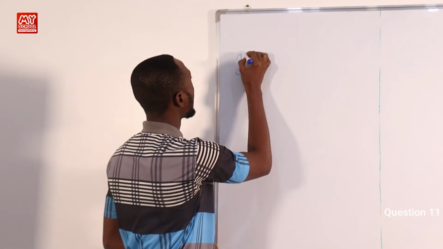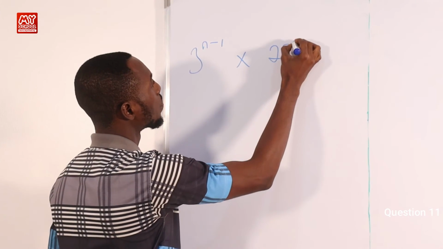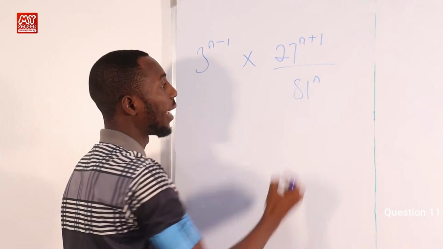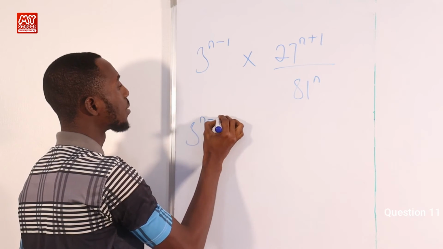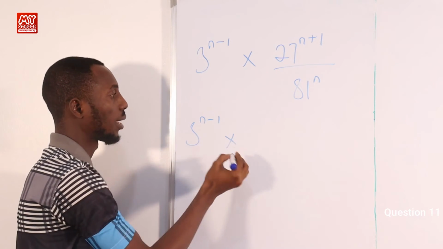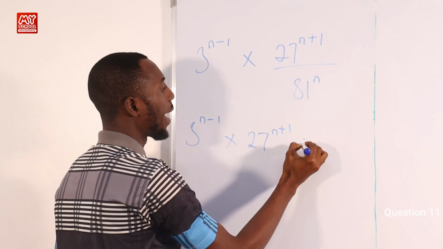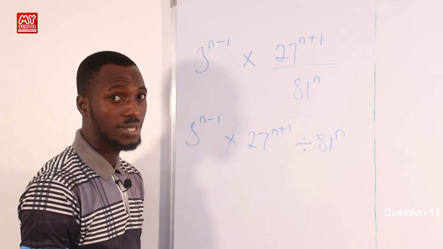So we have 3 raised to power n minus 1, times 27 raised to power n plus 1, divided by 81 raised to power n. Still the same thing, right?